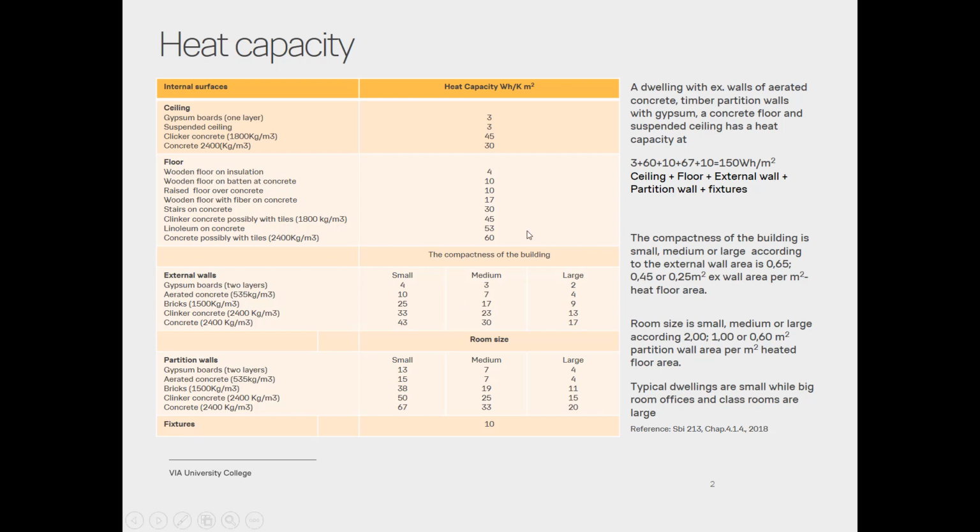If we, for example, have a dwelling that I have over here, where I have a suspended ceiling, and I have a concrete floor, and an external wall made out of irrigated concrete, and I have walls made out of timber with gypsum.